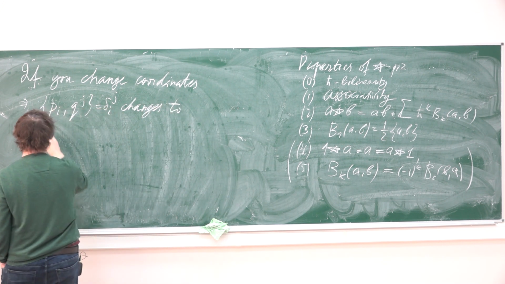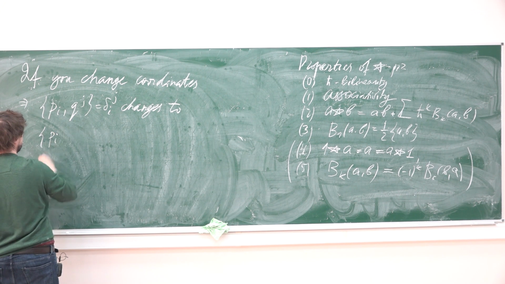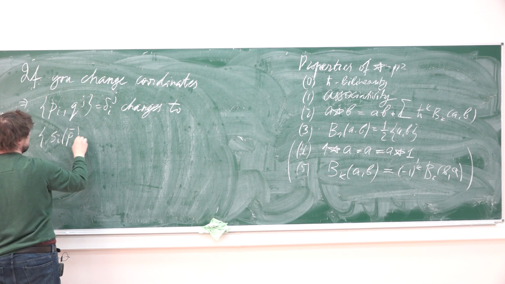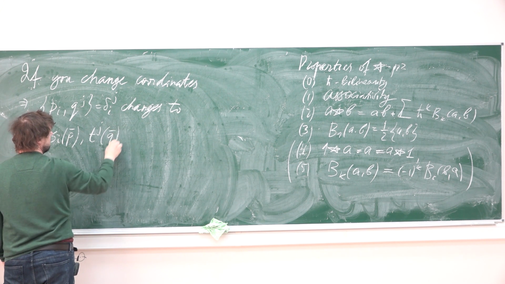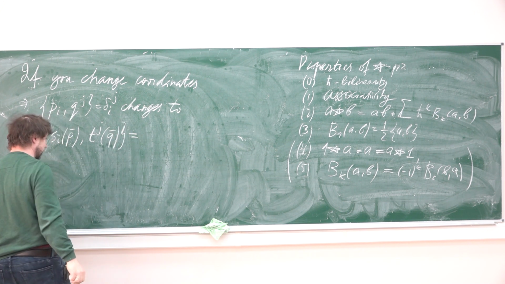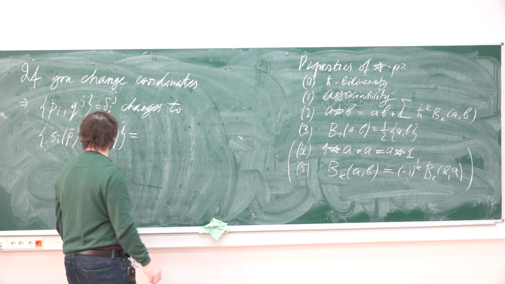That is to say, instead of p_i, we need to take s_i of p, t_j of q, and what we get in the end will look totally strange.